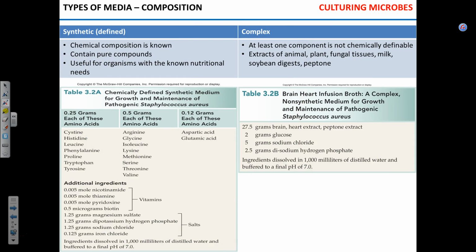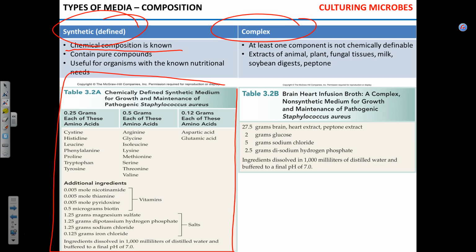Composition. Media can be synthetic, can be complex. Synthetic means that you know its chemical composition. You can see this is the chemically defined or synthetic medium for cultivating Staphylococcus aureus.